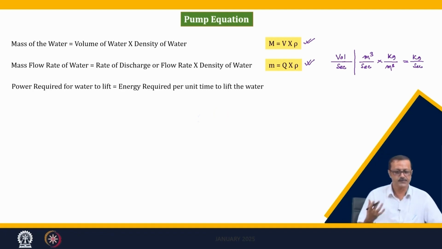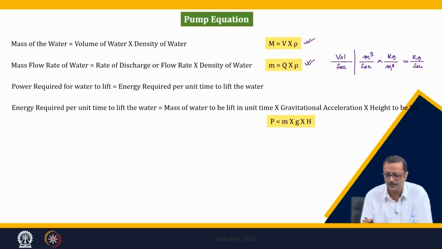So, next is this particular power required to lift. So, the energy required to lift per unit time. So, we have one of our very equations or relations for energy estimation, that is mgh. So, mass into the gravity into the height of the lift.